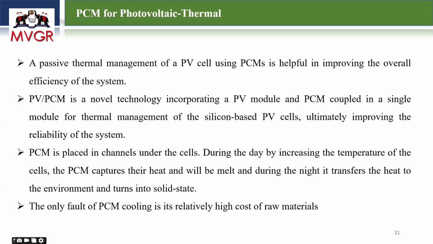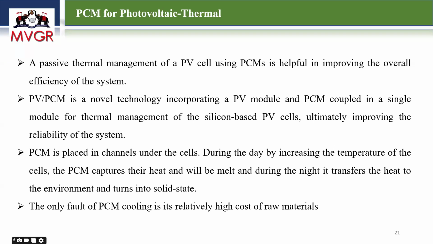Whenever you purchase a solar PV panel, they clearly mention that at 25 degrees temperature it gives the highest efficiency. Once it crosses 25 degrees, for every 1 degree rise, the efficiency drops by 0.5%.